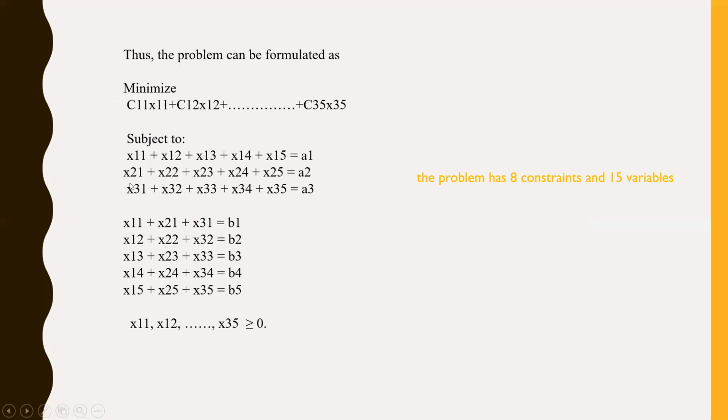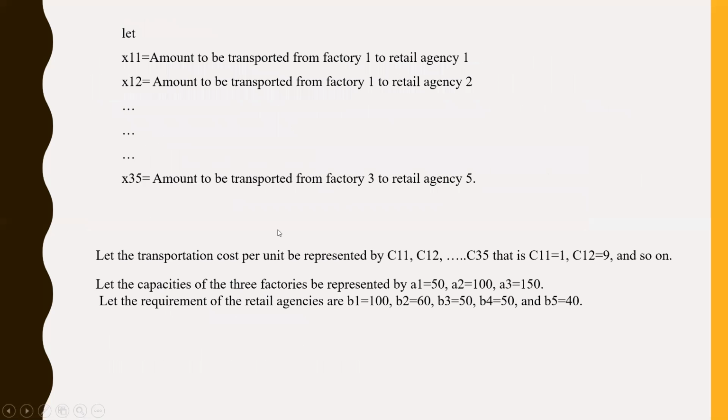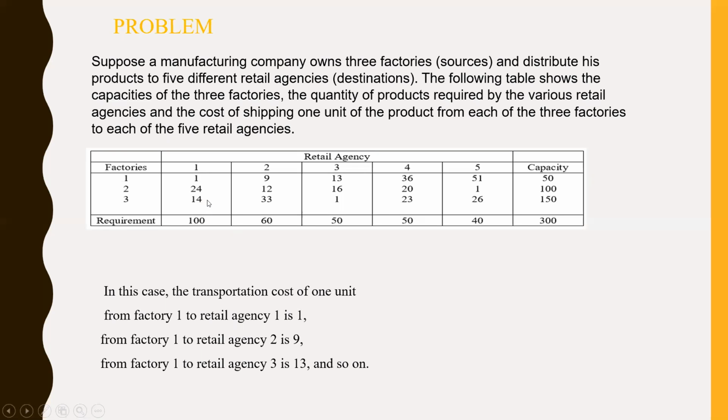Then we have x31 plus x32 plus x33 plus x34 plus x35 equals a3. Then we have x11 plus x21 plus x31 equals b1, the vertical one. Then we have x12 plus x22 plus x32 equals b2.